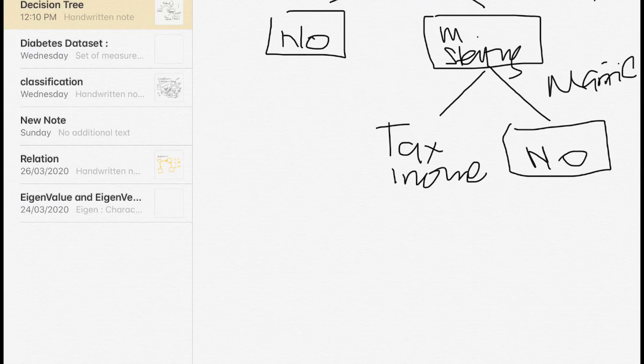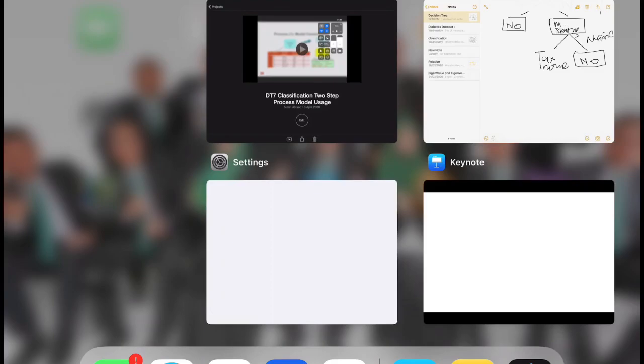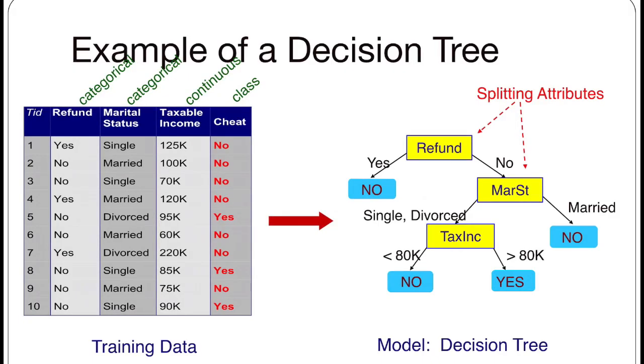So let us just make another rule and level of tree. What we can deduce here is, take a look at the rule. If refund is no, still refund is no, yeah?